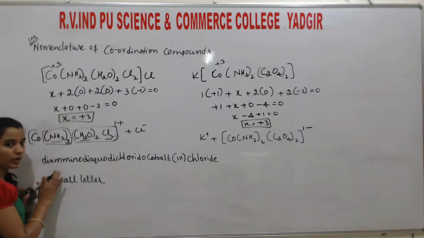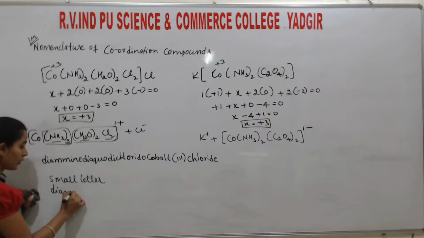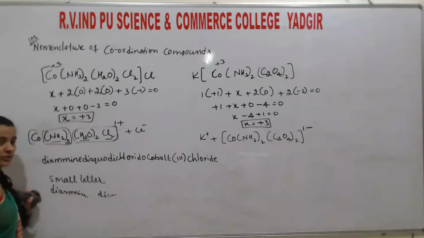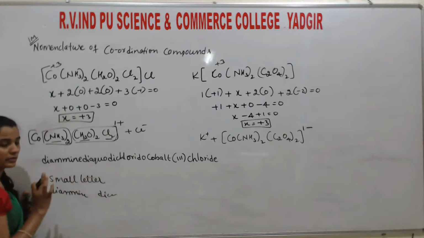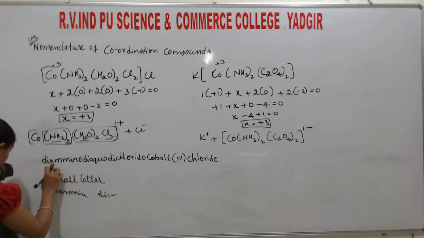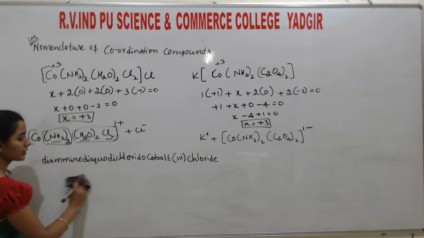There is no need to leave a gap. If you leave a gap, like if you write diamine, dichloride like that, you will lose the marks. Understood? The name should be continuous. There is no gap between any letters. And at the same time, we have to write complete diamine, A-M-M-I-N-E, remember. Okay? And all are in small letters only.